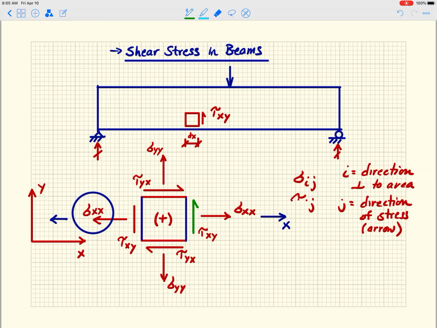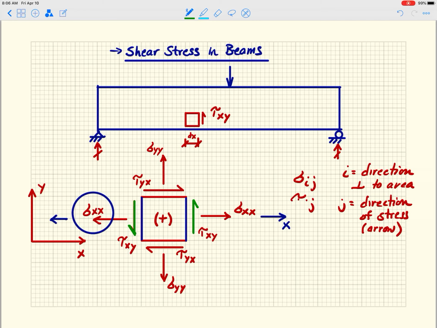Sorry, guys. I put the arrow going in the wrong direction here. So this one here, now I'll change this, or go over it in green. You can see the opposite side of the cube is also a positive tau xy. It is on a negative X face and it's moving in the negative Y direction. So negative times negative is a positive.